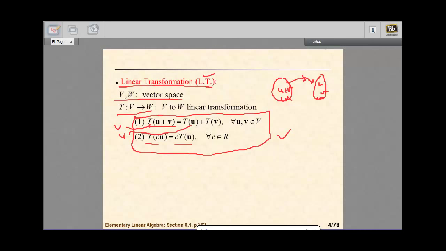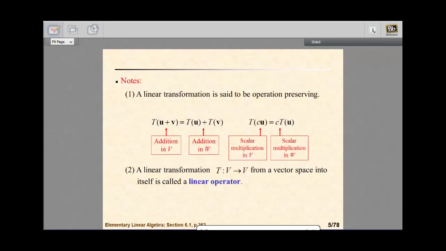Let us see a question. Here it is explaining that a linear transformation is said to be operation preserving. For your understanding, it defines the transformation of u plus v, the addition in V that I showed you previously.